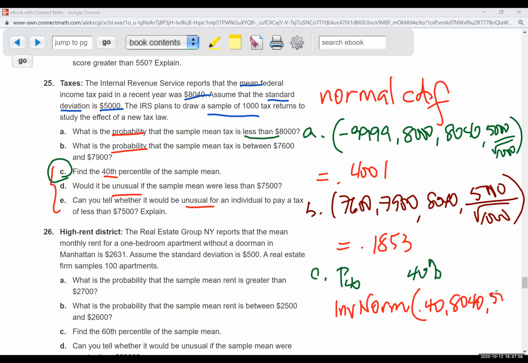And standard deviation, you also have to use the same standard deviation.